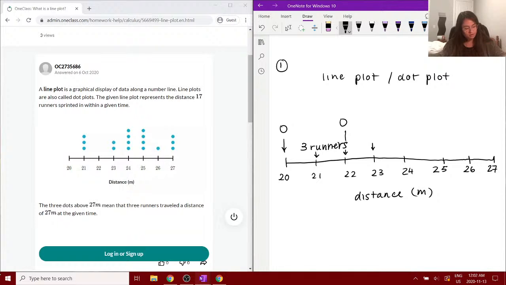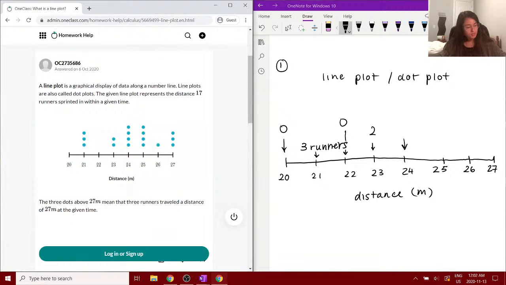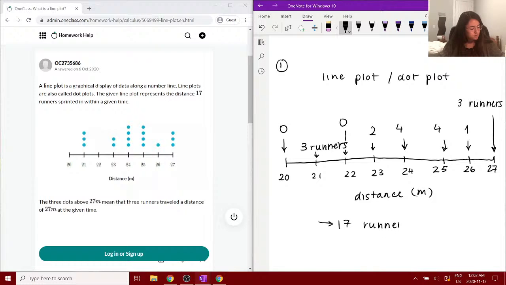There are 2 runners at the 23 meter mark. I'm just referring to the diagram and how many dots we see. Above 24, there are 4 runners. Above 25, there are also 4 runners. Above 26, we have 1 runner, and above 27, we have 3 runners. If you add all those up, we get 17 runners or dots in total.